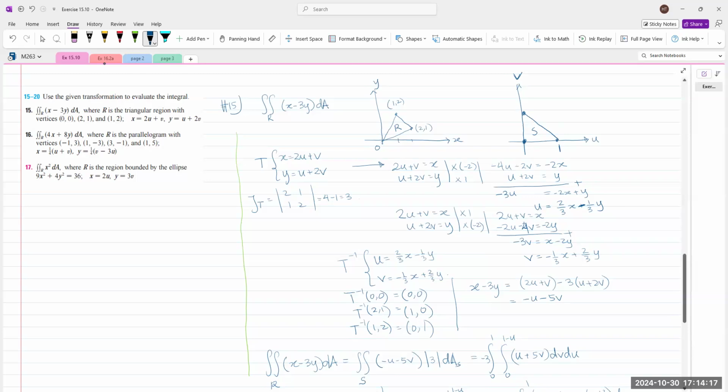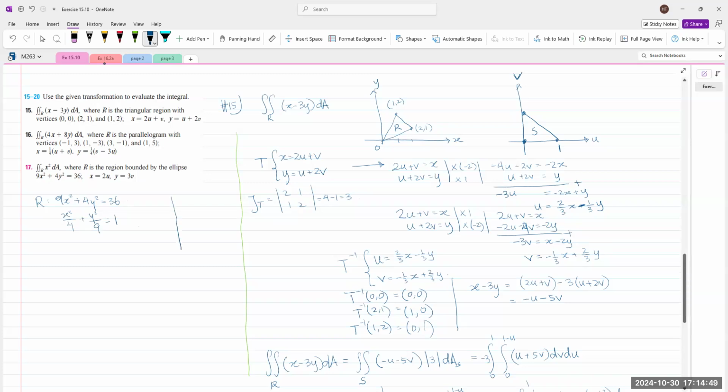Okay, number 17, we have the region R. Our R is given by 9x squared plus 4y squared equals 36. What does it look like? If I divide by 36, that will be x squared over 4 plus y squared over 9 equals 1.